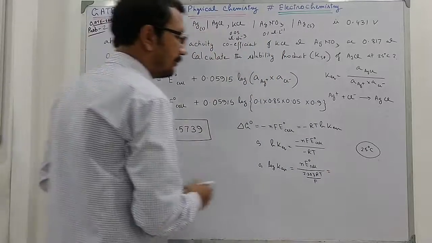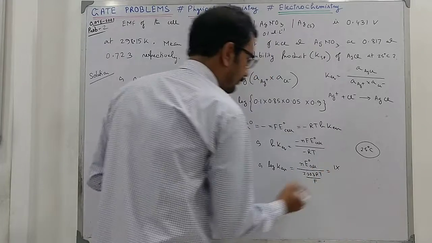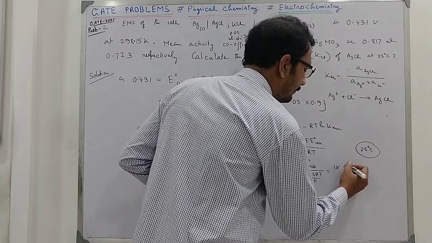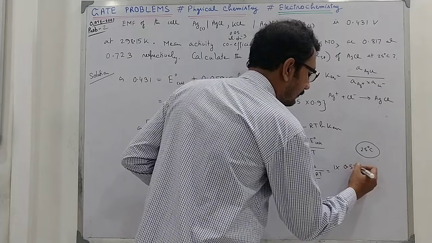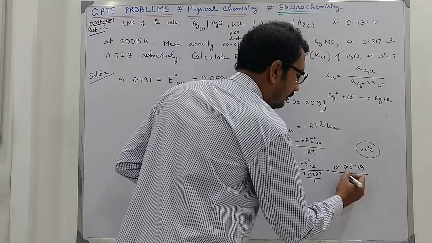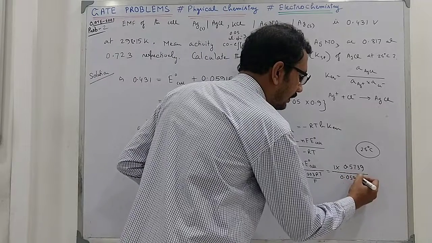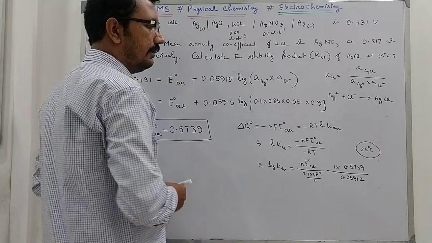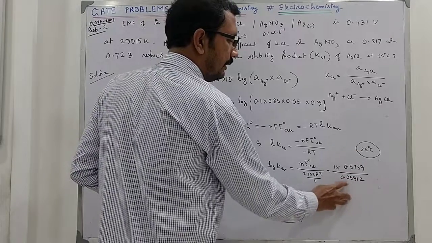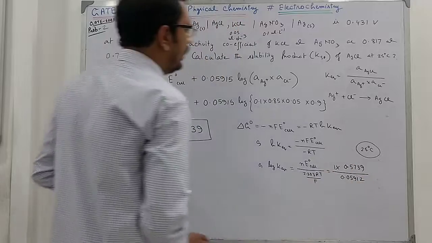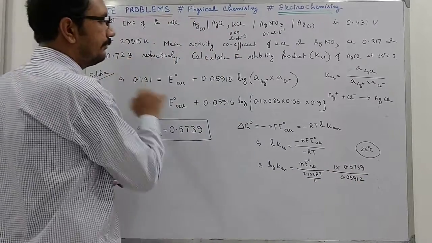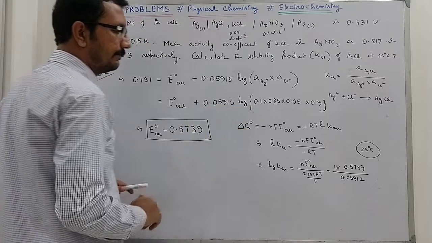It is a single electron transfer process, so it is 1 into 0.5739, and here it will be 0.05912. You can remember, in the start I told you that for 25 degrees centigrade it will be 0.05912, and for 25.15 degrees centigrade as given here it will be 0.05915.